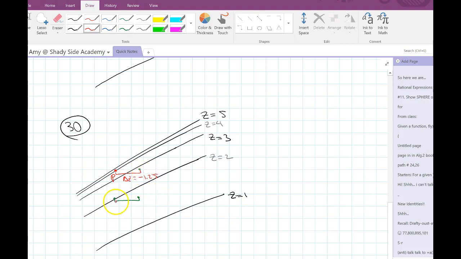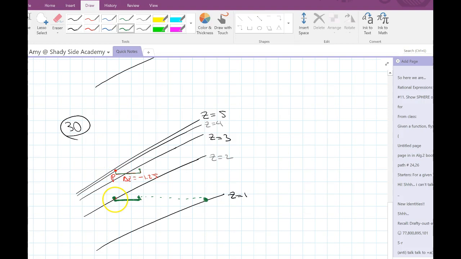But look at this same distance, this green point P, z equals 2 to z equals, well, if z equals 1 is down here, for me to get from a z value of 2 to a z value of 1, I have to travel this far, all the way over here, which is certainly farther than this.